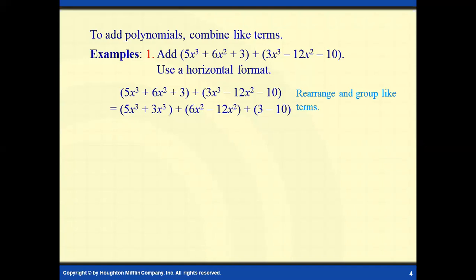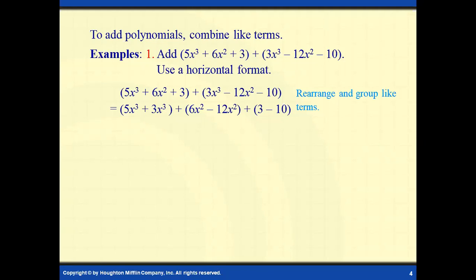We collect like terms. It's obvious. 5s cubed plus this one is 3s cubed, not 3s squared. Plus 3s cubed plus 6s squared minus 12s squared minus 10. Thank you for pointing that out, Dawodu.